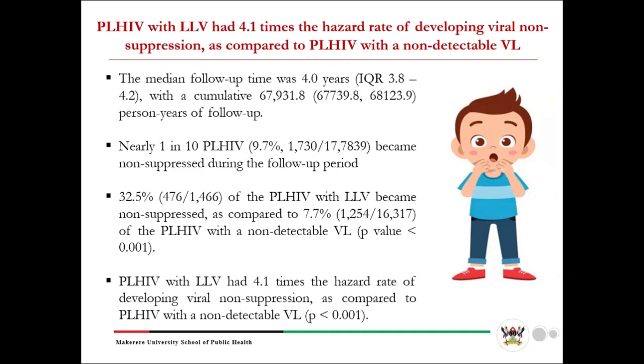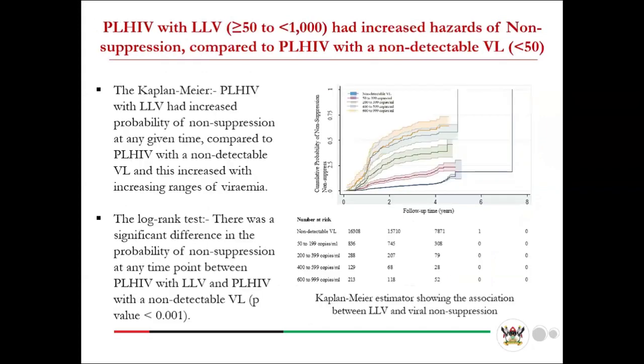And then people with low-level viremia had a 4.1 times risk of developing viral non-suppression as compared to those with a non-detectable viral load, and the results were significant. And the Kaplan-Meier also showed increased probability of viral non-suppression at any one time in the low-level viremia group as compared to the group with a non-detectable viral load.